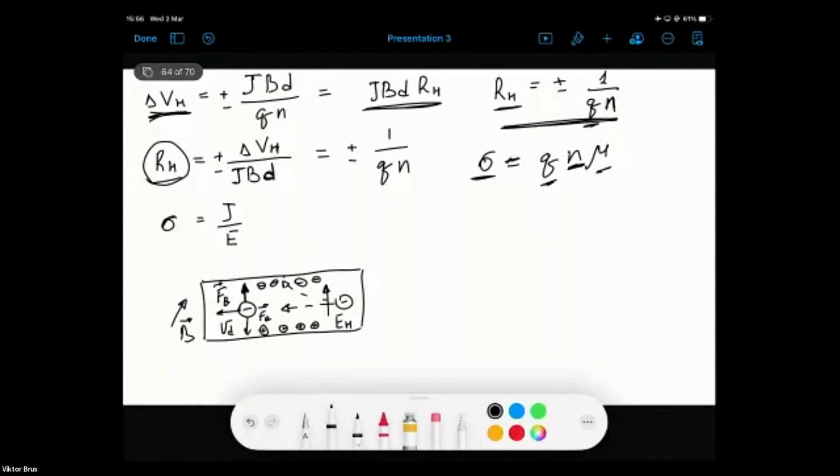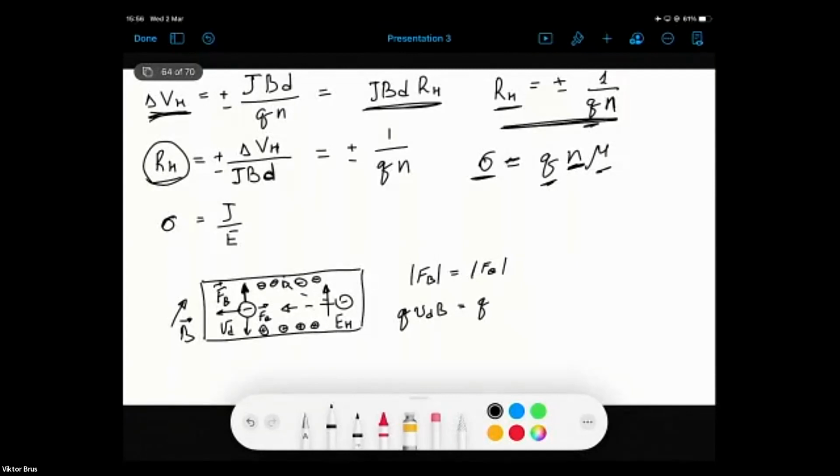They will just move straight, because we will reach some steady state condition when magnetic force is equal by magnitude to electric force. And since magnetic force is given as Q times Vd times B, it should be equal to Q times EH. Oh, got it. Thank you. Okay, you're welcome.